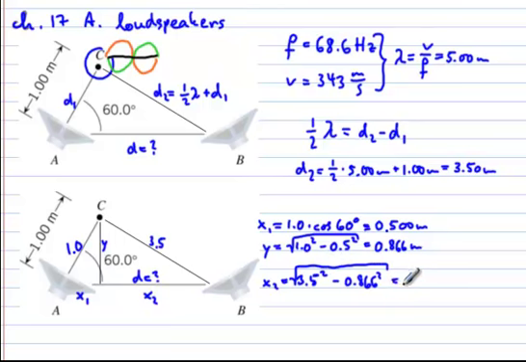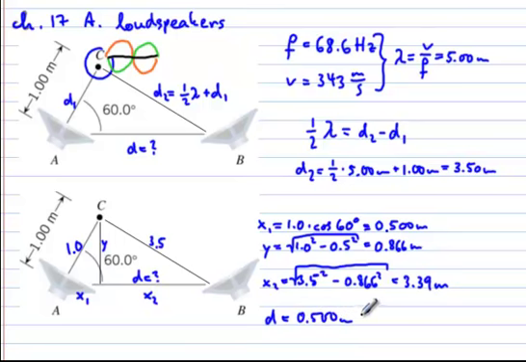So it's 3.5 squared minus 0.866 squared, which is 0.75. It's 11.5, and then I have to take the square root of that, and I come up with 3.39 meters.